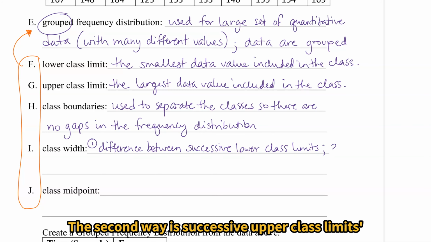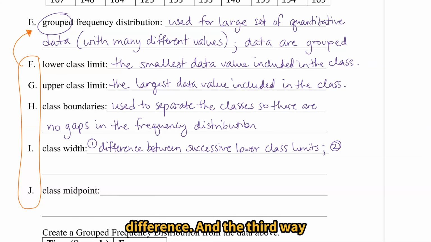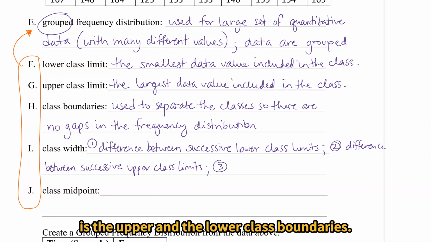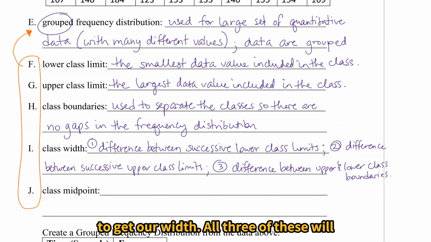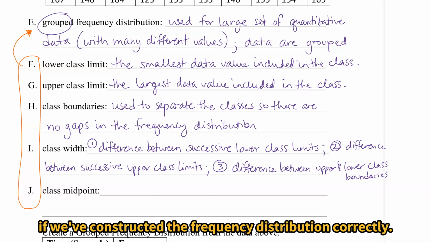The second way is successive upper class limits difference. And the third way is the upper and the lower class boundaries. So for a single class, we subtract upper class boundary minus lower class boundary to get our width. All 3 of these will give us the exact same number if we've constructed the frequency distribution correctly.